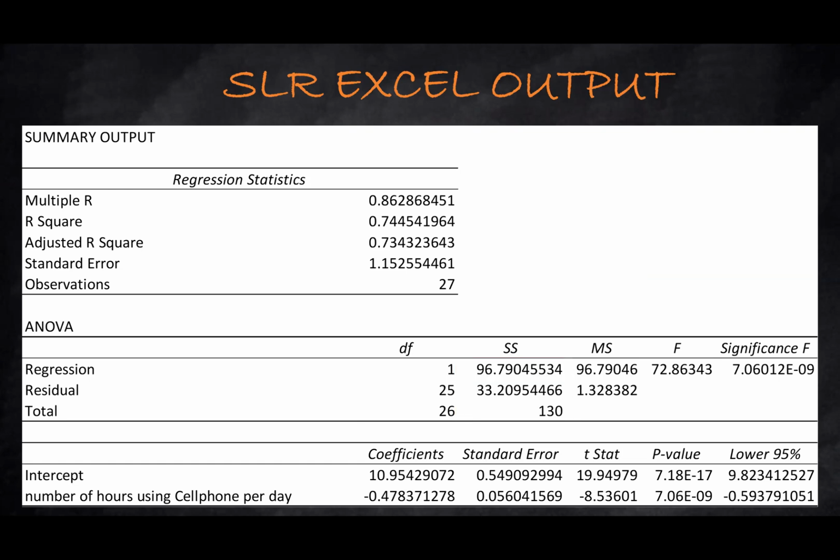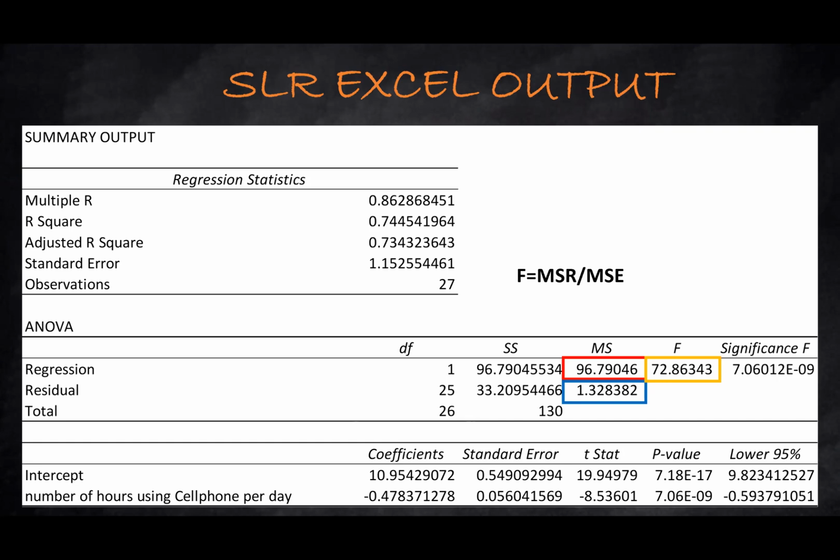The next column, the MS column, is represented by the MS regression, which is the SSR over k, and the MS for residuals, which is the MSE, equal to SSE over n minus k minus 1. And these two numbers will help us to calculate the F statistic for the test. So the F statistic is calculated by the ratio of MSR over MSE.